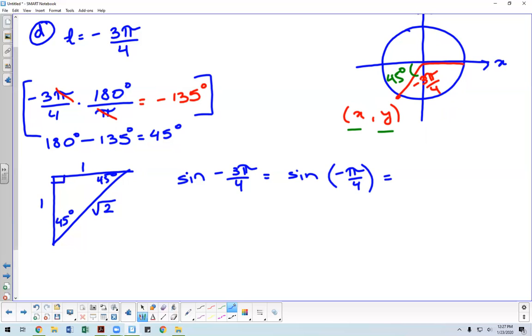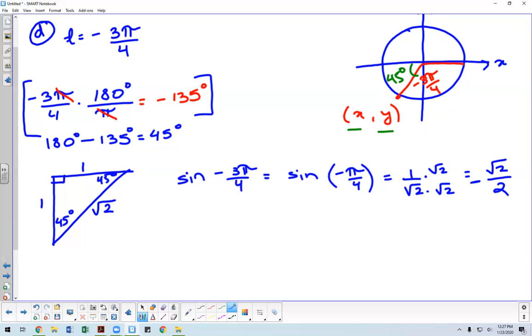So what does this ratio come out to be? Opposite over hypotenuse. Very nice. This is a third quadrant angle, so your value is going to be negative square root of 2 over 2.